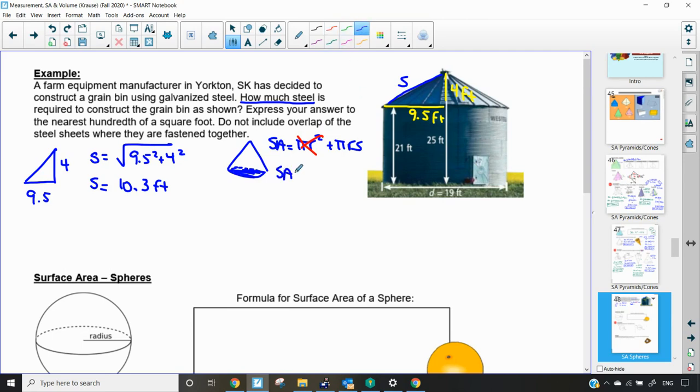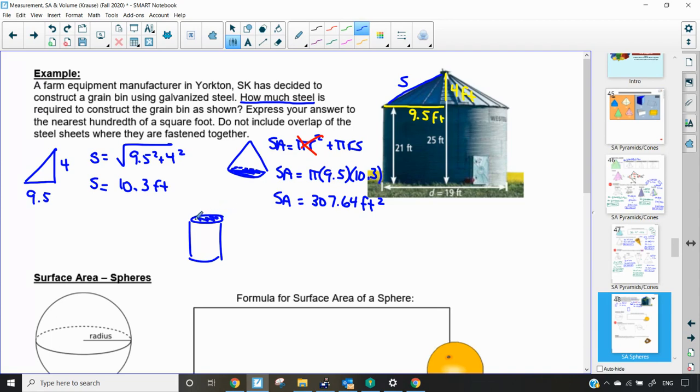Our surface area will be pi times the radius of 9.5 times our slant height of 10.3, which again we're going to keep exact on our calculator. That surface area measurement gives us 307.64 feet squared.